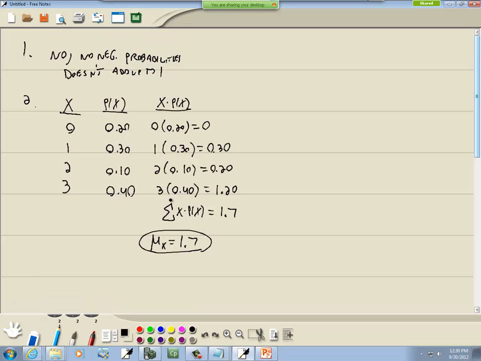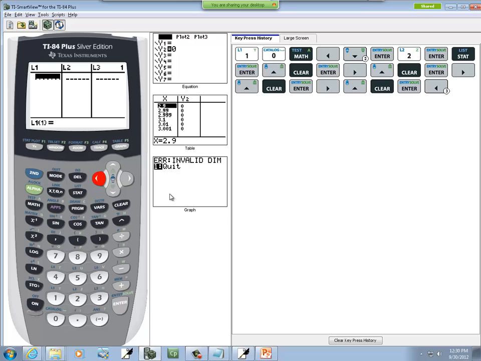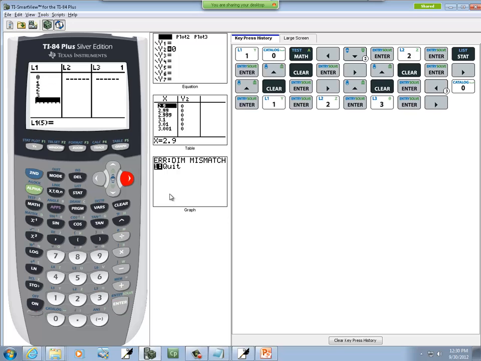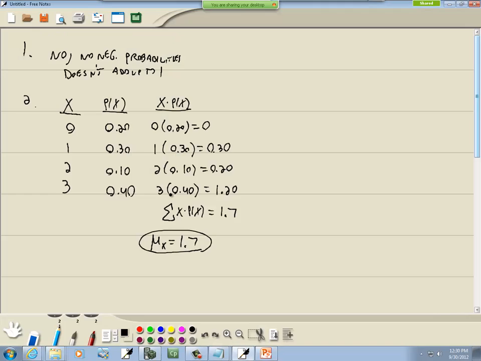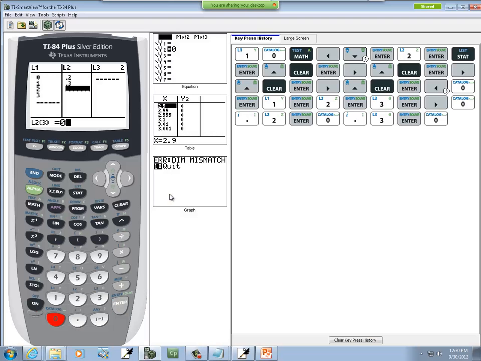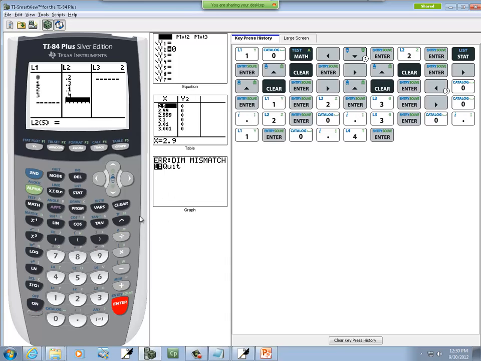Okay, so put our x values in L1. So we got 0 through 3. 0 enter, 1 enter, 2 enter, 3 enter. Right arrow over, and I got 0.2, 0.3, 0.1, and 0.4. Probabilities in L2, x values in L1.